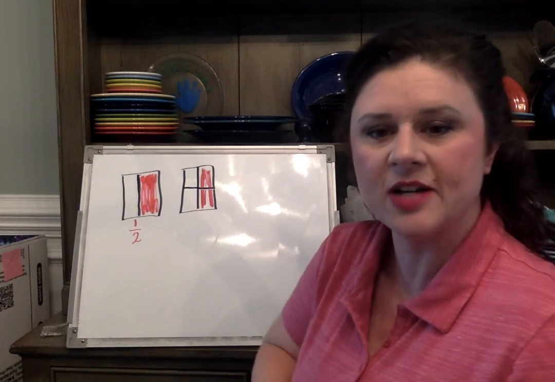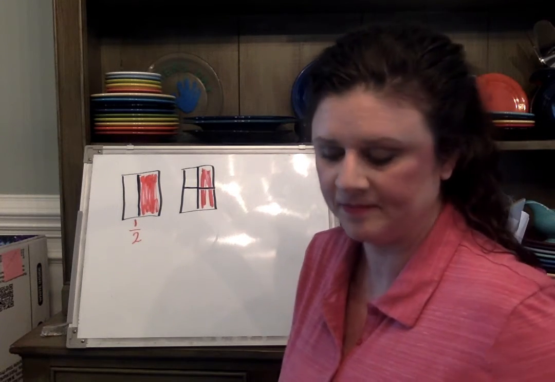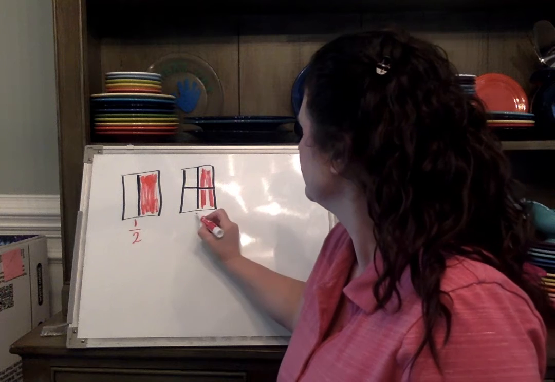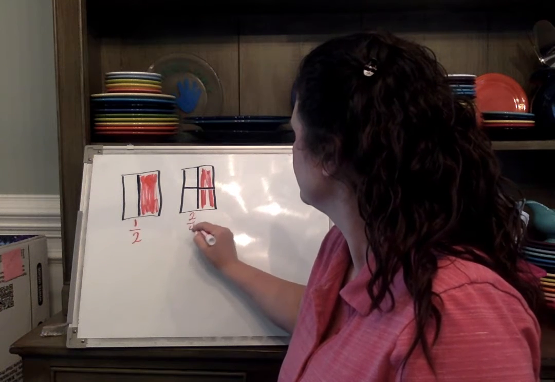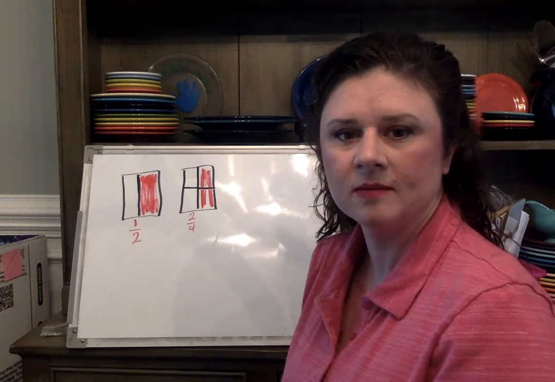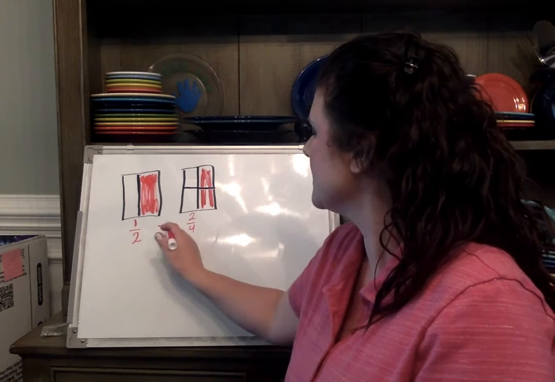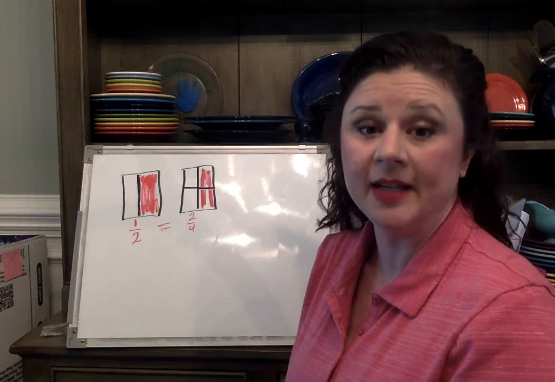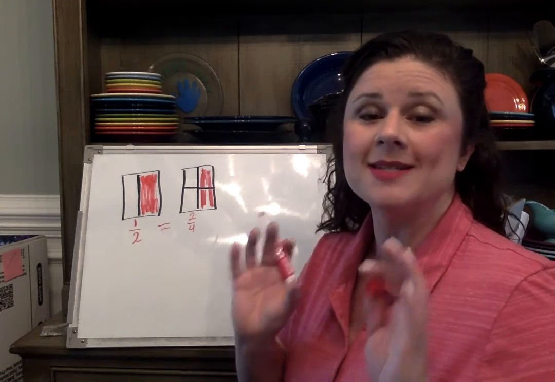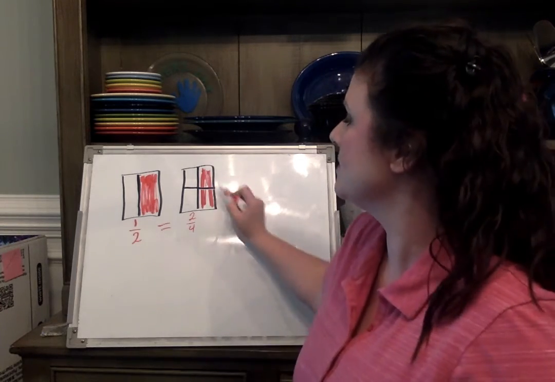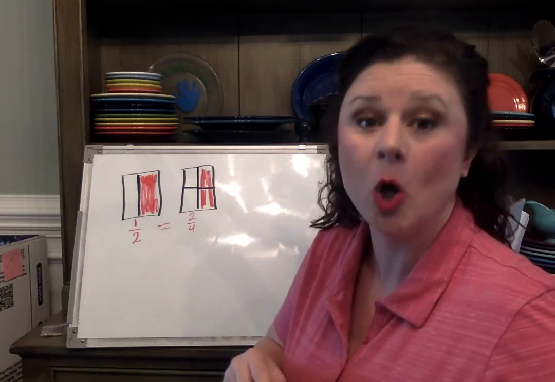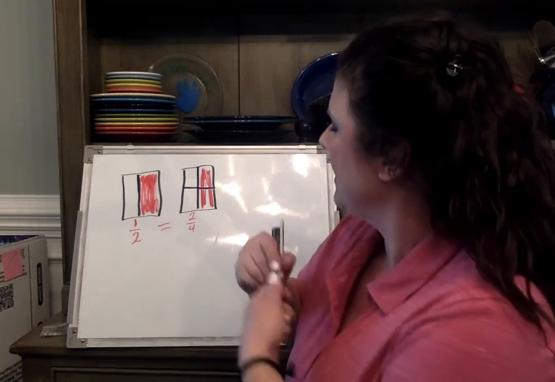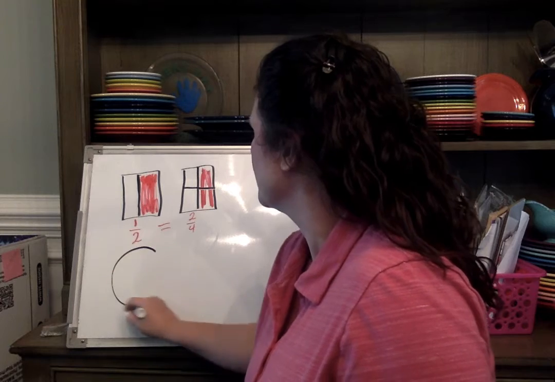What portion of this fraction is shaded? 2/4. Is 2/4 equivalent to 1/2? Yes. These wholes stayed the same, meaning this one square was the whole, okay? Now I'm going to have 2 circles.